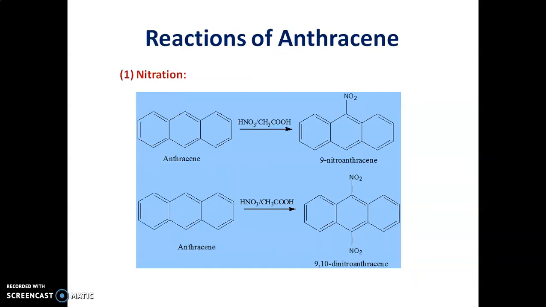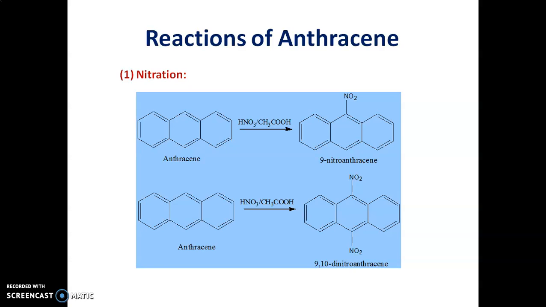Now let us discuss the reactions of anthracene. Anthracene undergoes nitration reaction on treatment with concentrated nitric acid in presence of acetic anhydride. Anthracene forms 9-nitroanthracene at lower temperature, that is around 20 degrees Celsius, and 9,10-dinitroanthracene at higher temperature, that is around 290 degrees Celsius.